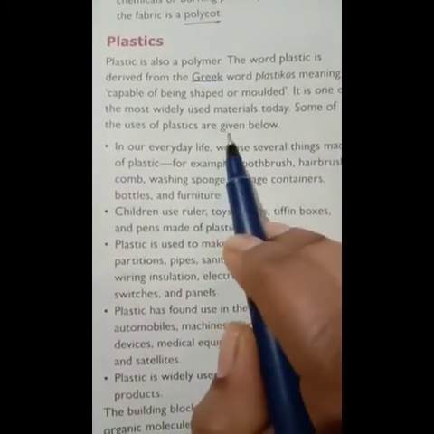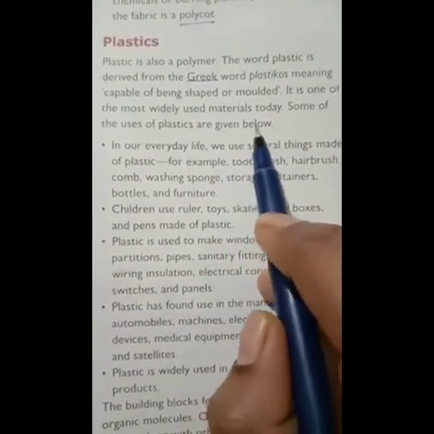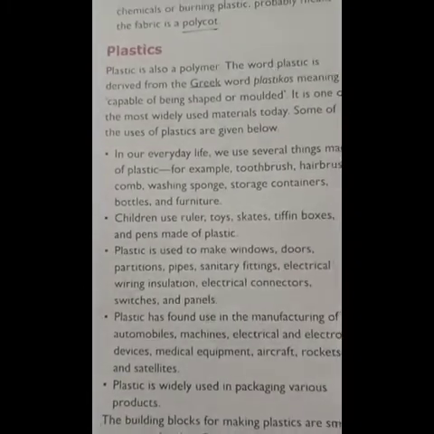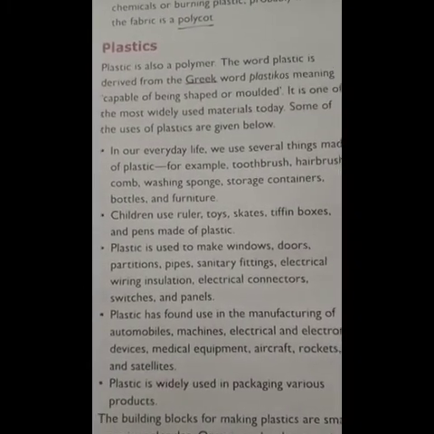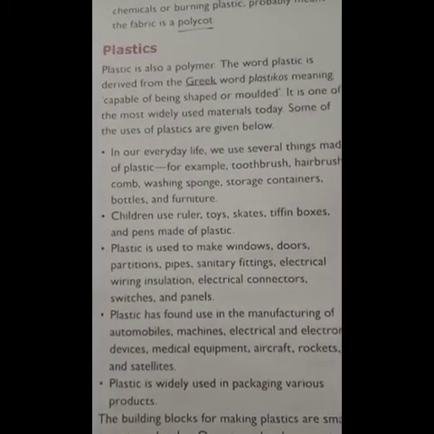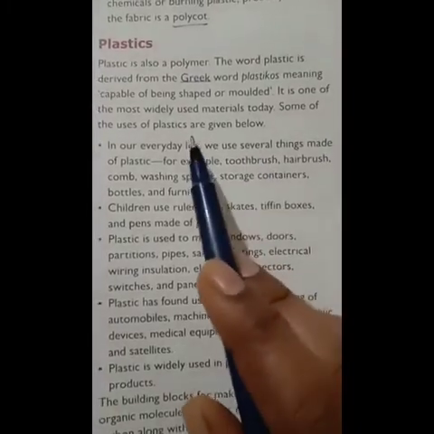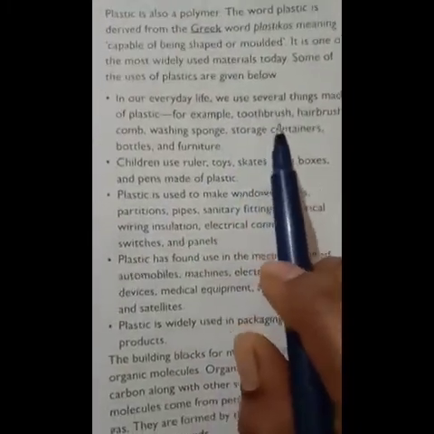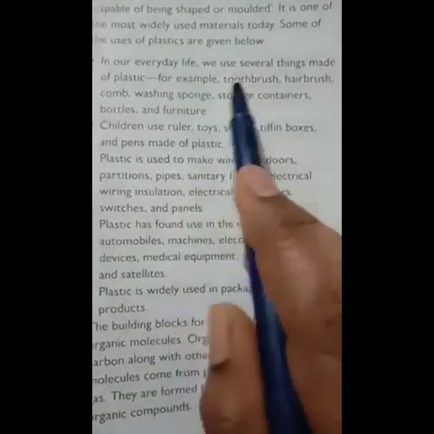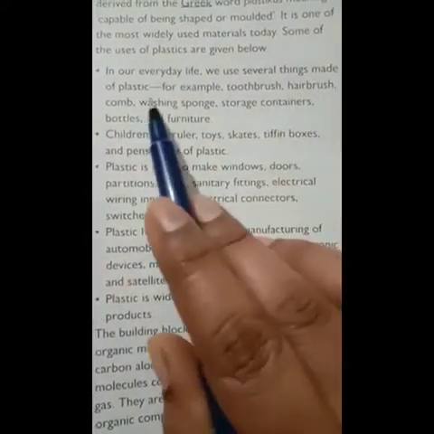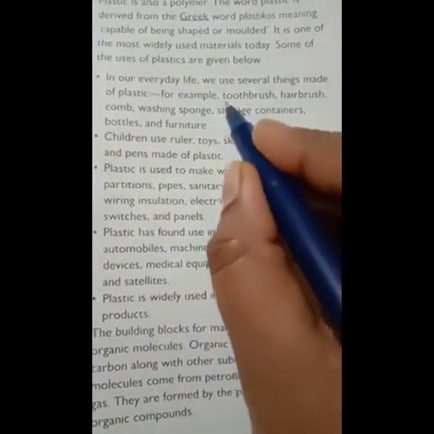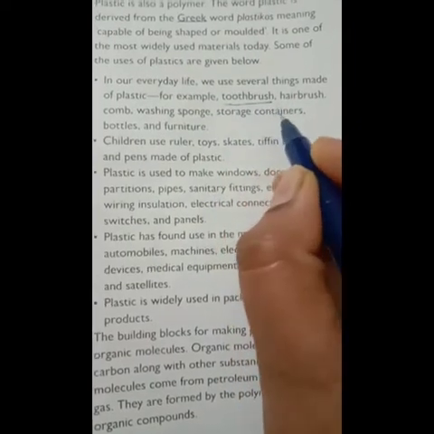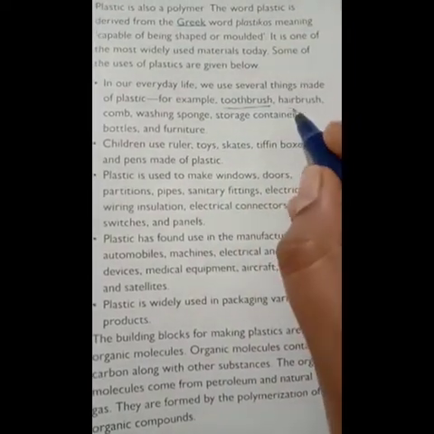Some of the uses of plastics are given below. In our everyday life we use several things made of plastic. For example, the toothbrush that we use. We start our day with plastic, right?